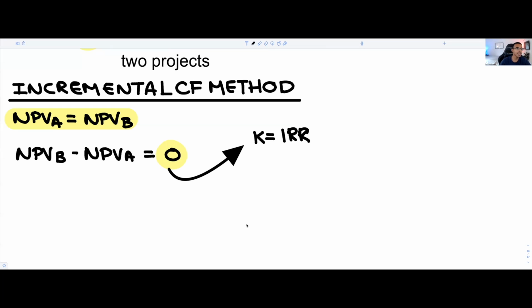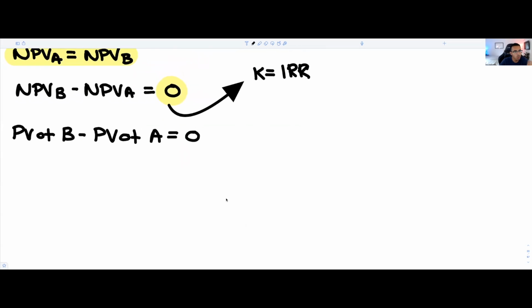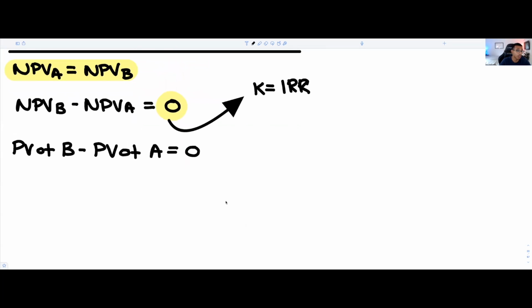Okay, let me take a deeper step in. Let's assume that the initial investment of these projects is equal to 0. Technically, what you're going to do is simply the present value of B minus the present value of A, and that's going to give you 0, assuming they have no initial investment. I'm just running with it. Don't you worry, I'm going to do the question with you. I just want to give you some context, and you could skip this if this doesn't help.